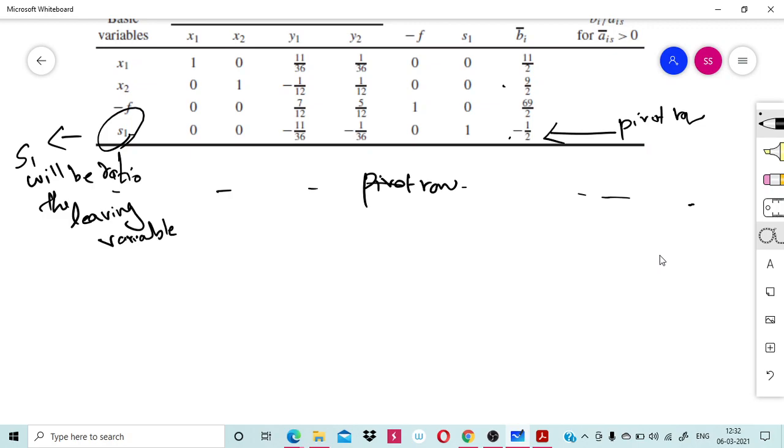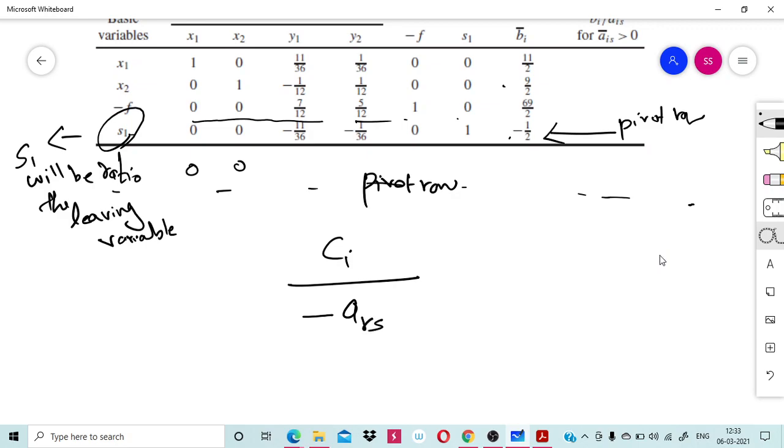This row is filled with the cost coefficients ci of the objective function divided by the negative of the corresponding elements of the pivot row, minus a r s.